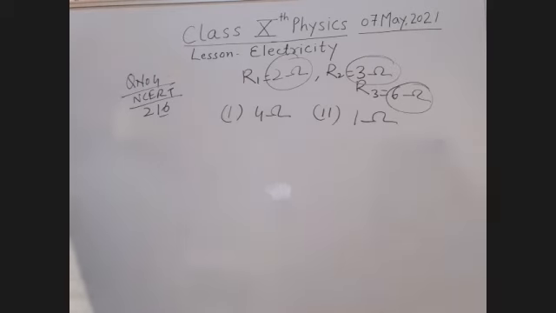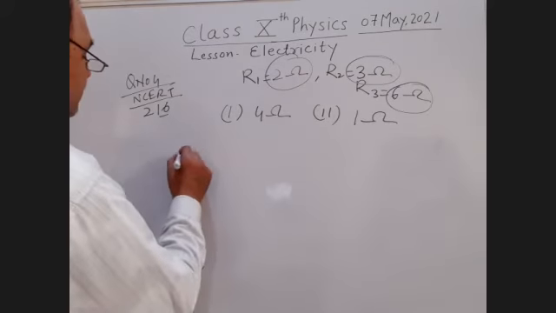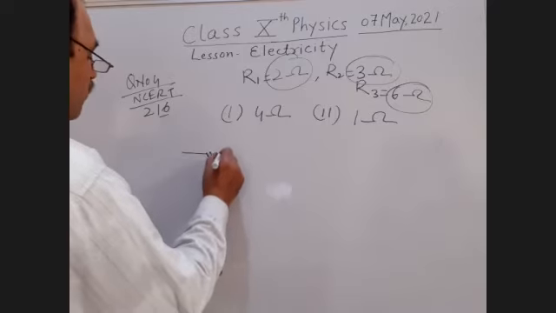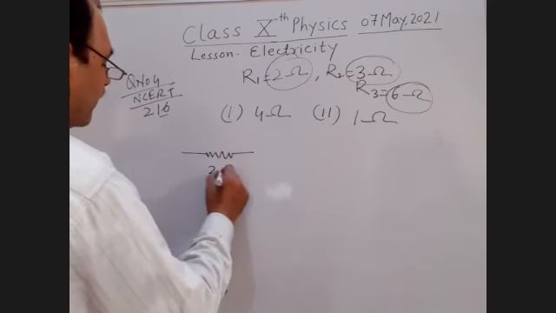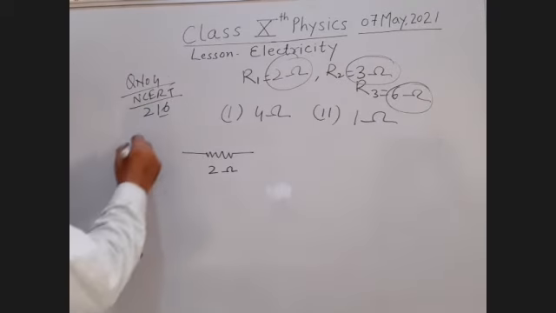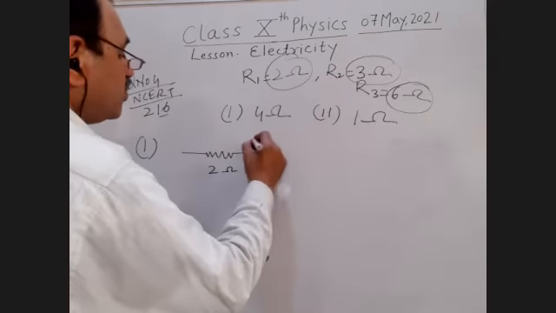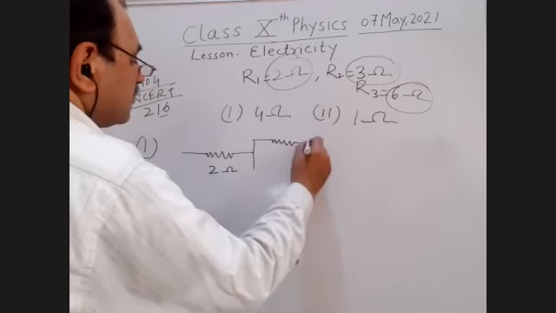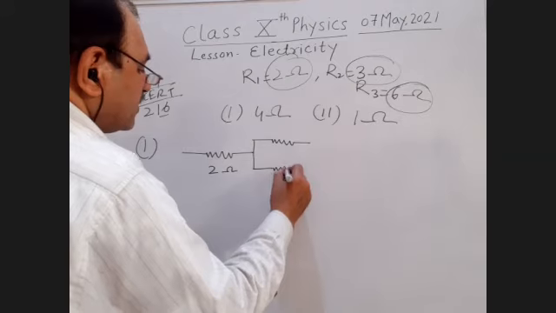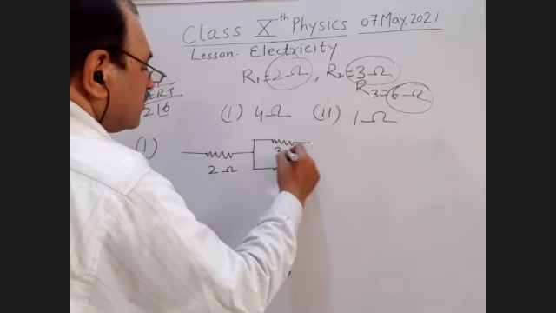Now, according to this question, first we'll see how the 3 resistances are connected. I'll take the first resistance, say it is 2 ohm. Watch carefully. First, I'll solve the first part. Here are the other 2 resistances, 3 ohm and another one of 6 ohm.